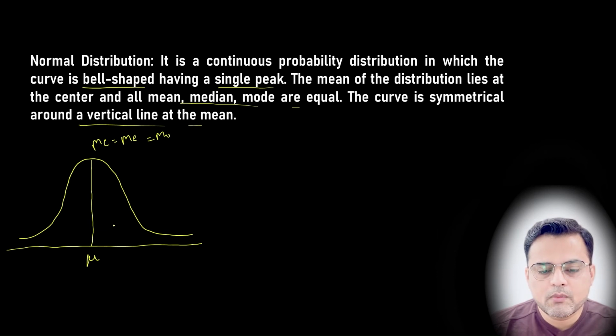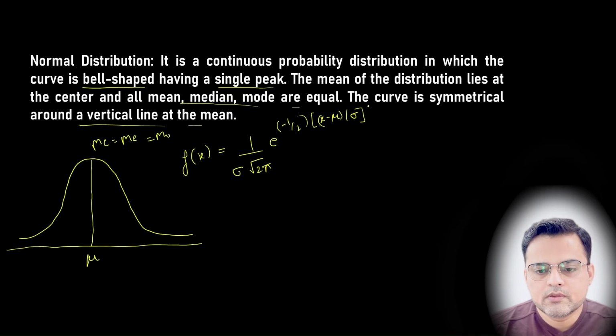So in case of normal distribution, it is represented by the formula f of x is equal to 1 upon sigma under root 2 pi, e to the power minus 1 by 2, x minus mu divided by sigma, this whole square.